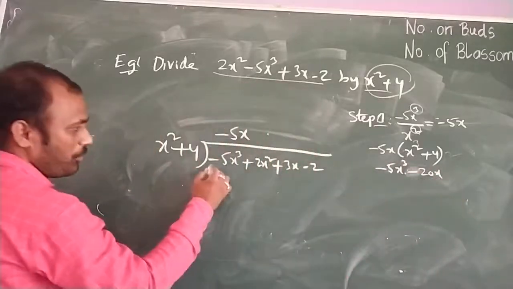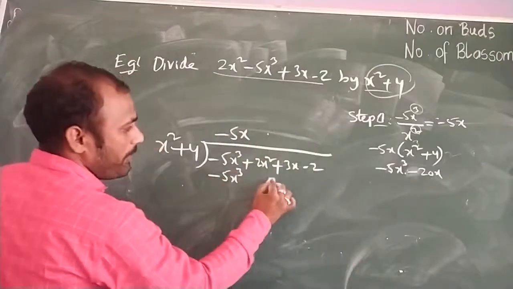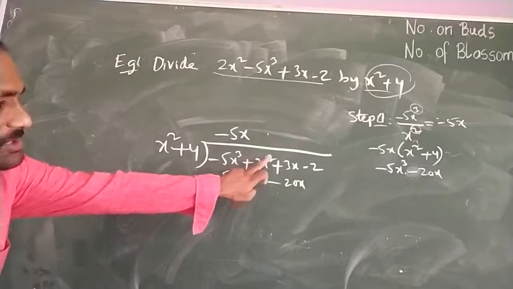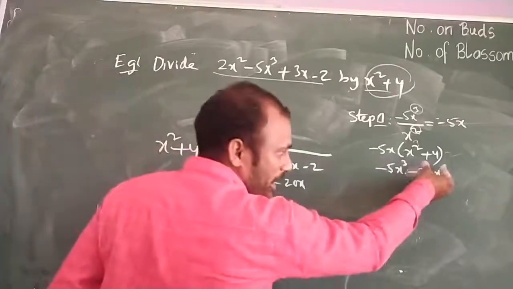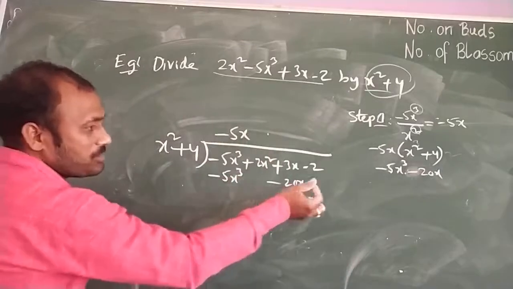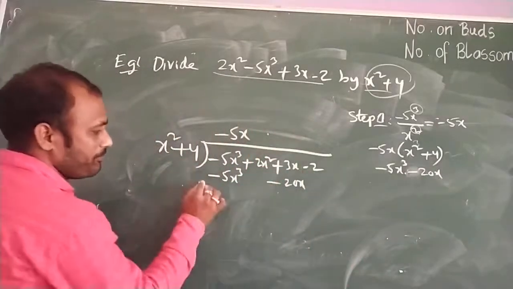So the same we represent here, minus 5x cube minus 20x. Why am I not writing anything under x square? Because I didn't get any x square term, so that's the reason I am leaving an empty space. Here I got an x term, so under the x term only I need to write.